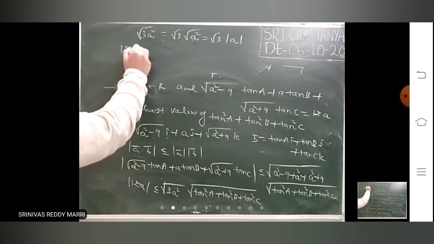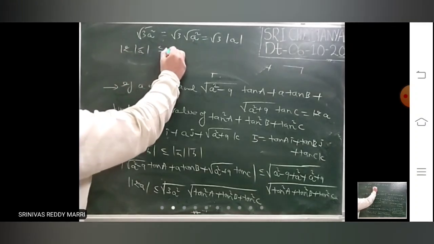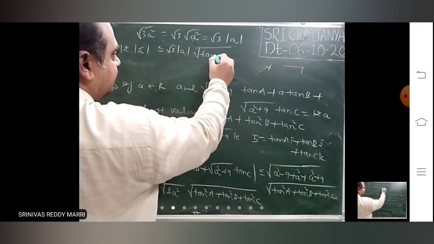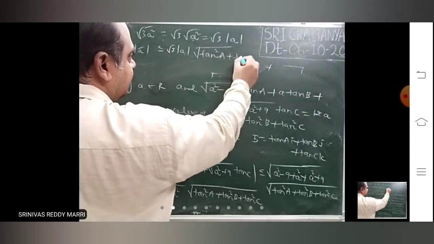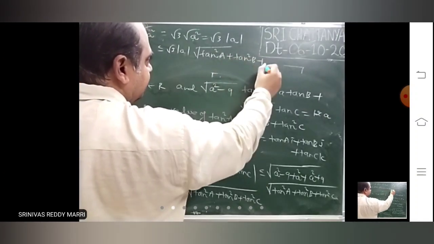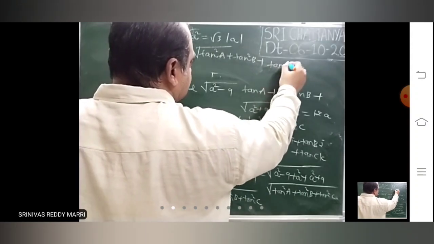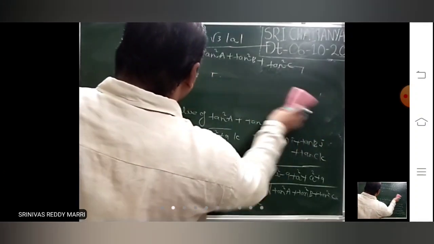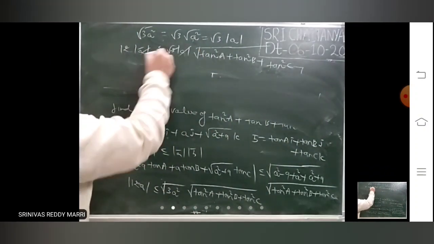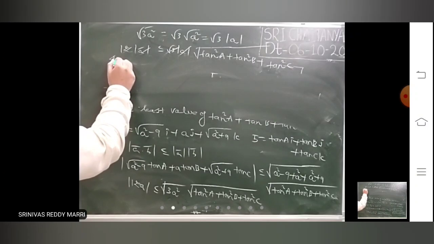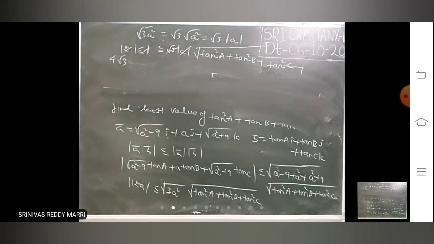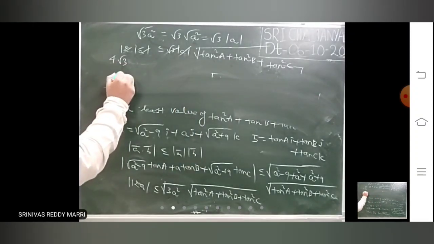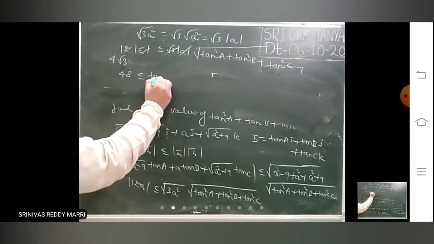That means the left hand side is 12 modulus a less than or equal to root 3 modulus a into root of tan square A plus tan square B plus tan square C. So modulus a cancels, and root 3 gives 4 root 3 less than or equal to the root. Squaring on both sides, 16 into 3 is 48.